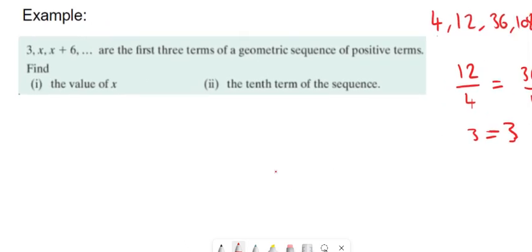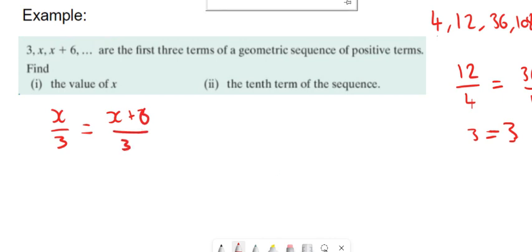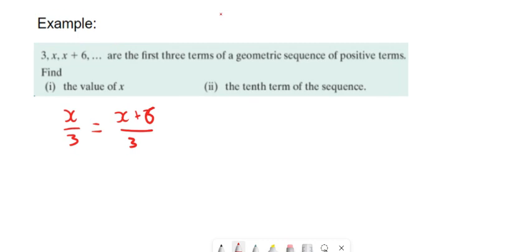So I'm going to use that here then. These are the first 3 terms of the sequence. So if I took x and divided it by 3, that should be equal to x plus 6 divided by x, because it's a geometric sequence, and x is the second term.